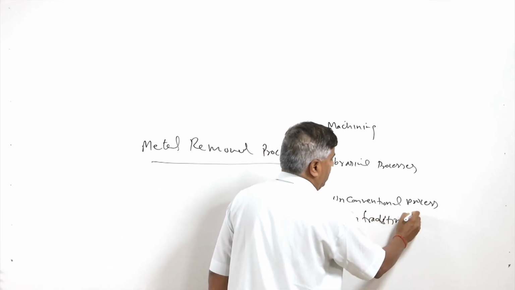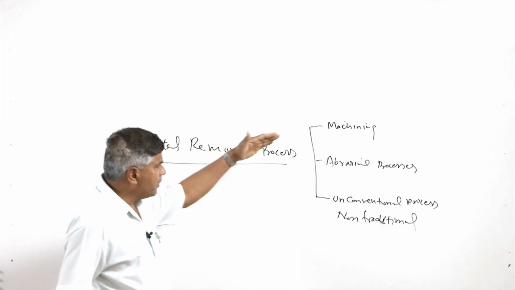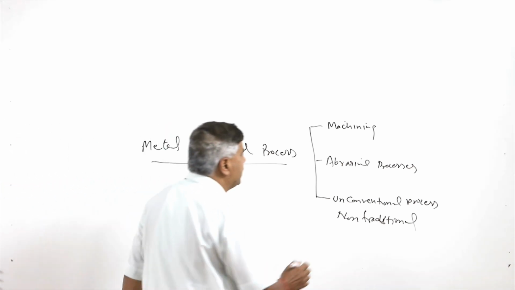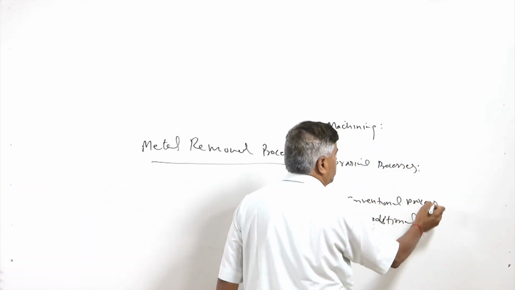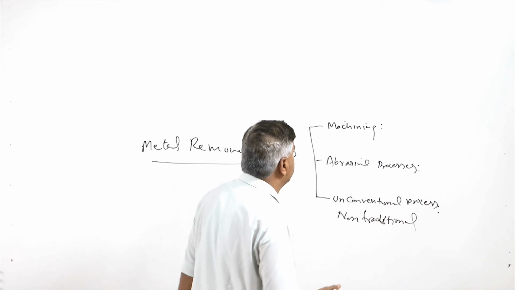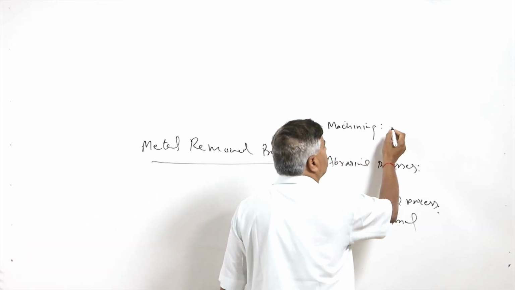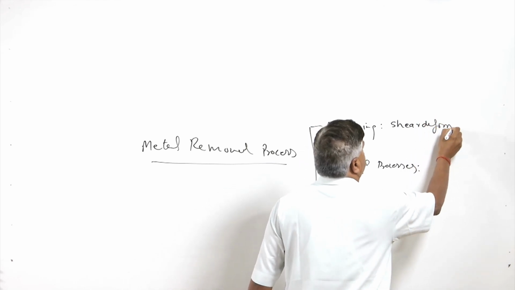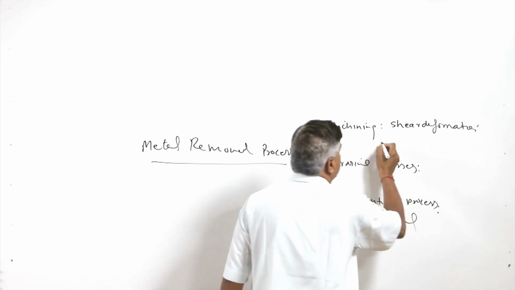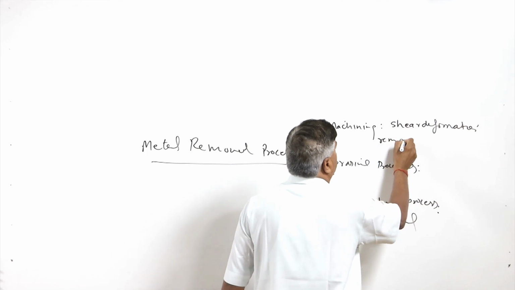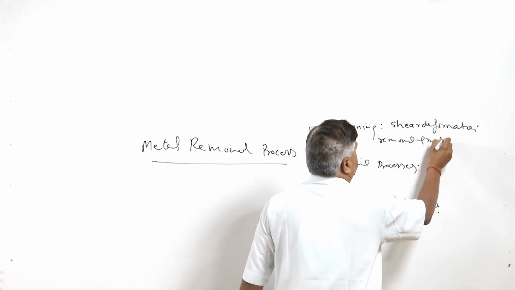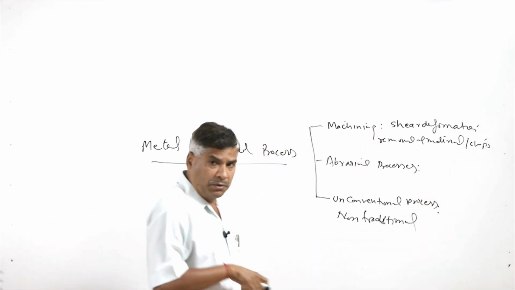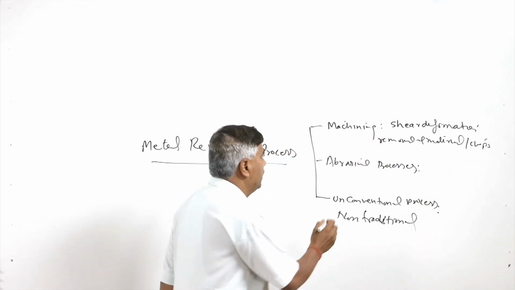These processes differ significantly from each other, especially in respect of the approach which is being used for removal of the material. For example, in machining processes, mainly shear deformation is applied for removal of the material in the form of chips, in order to get the desired size and shape.